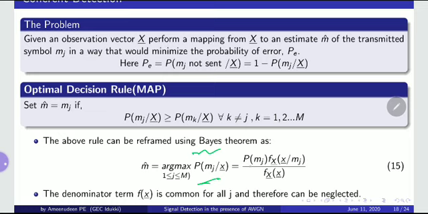P of mj given x is P of mj into fx of x given mj by fx of x. Now you can see that for all j's, whatever be the value of j, this is a constant. So this can be neglected.